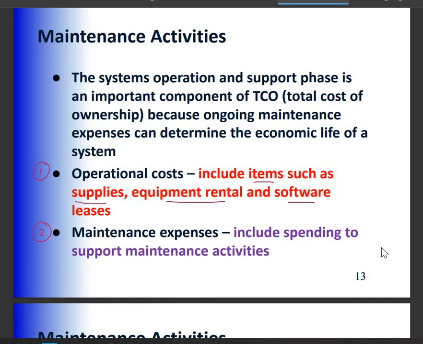For example, awak upload awak punya sistem tu dekat satu cloud storage. Awak kena fikirkan dia punya operational cost untuk that particular cloud storage. Setahun kena bayar berapa? 6 bulan kena bayar berapa?